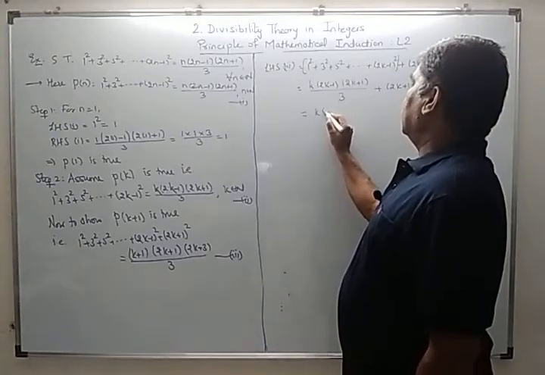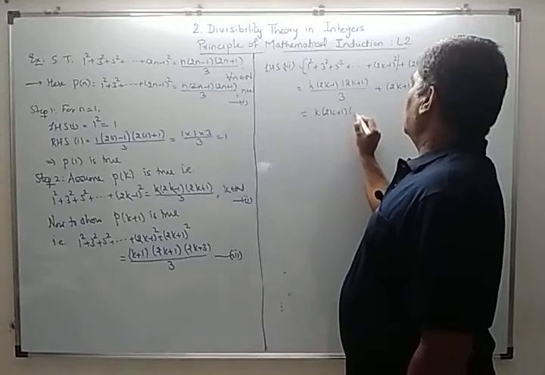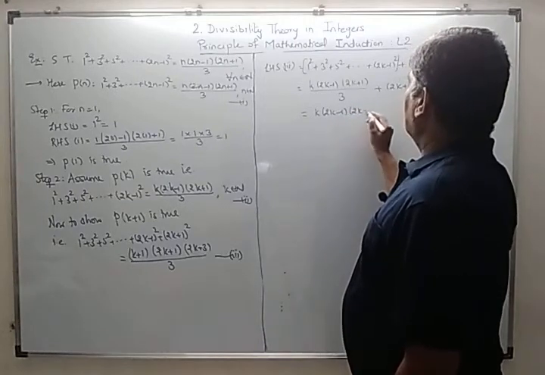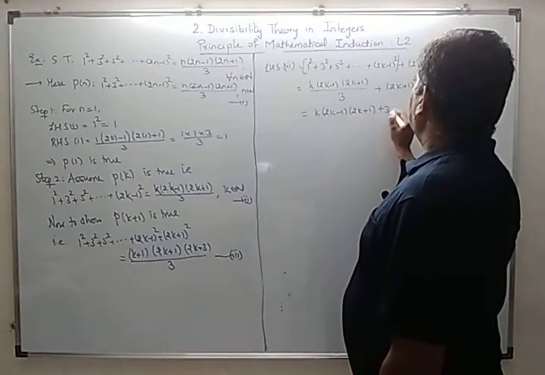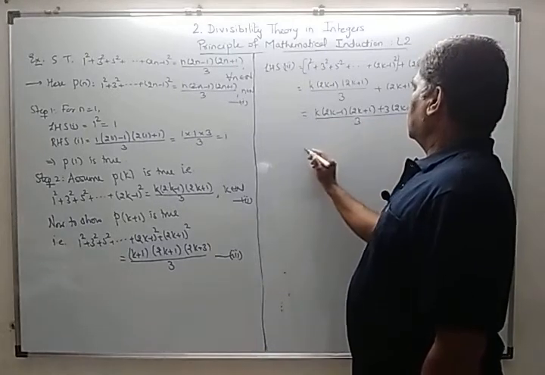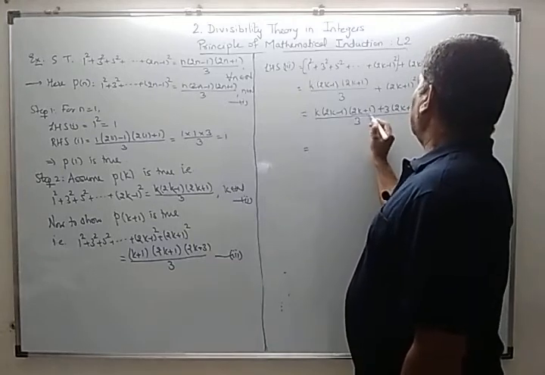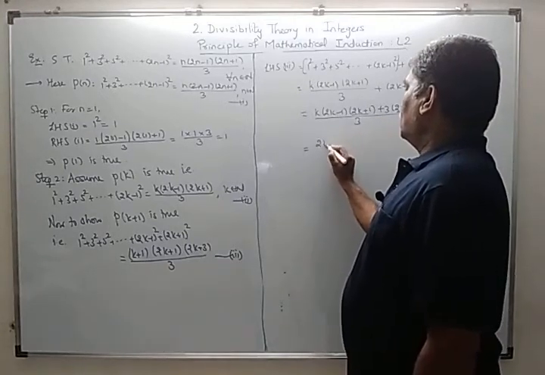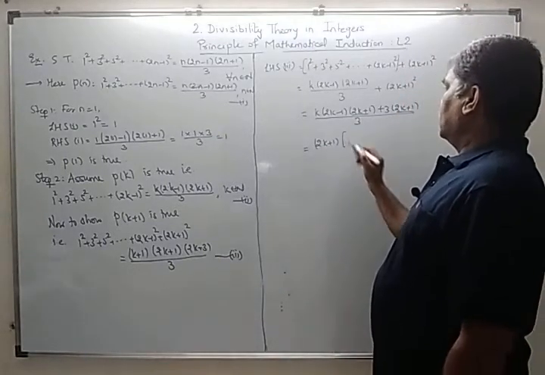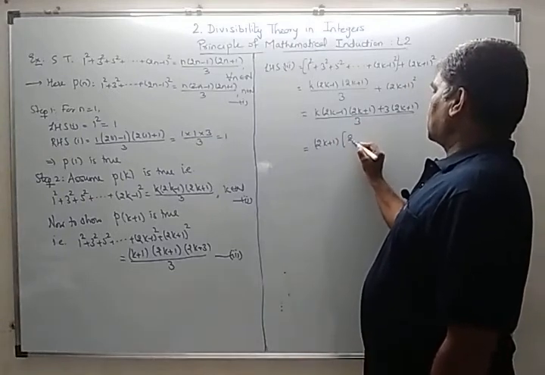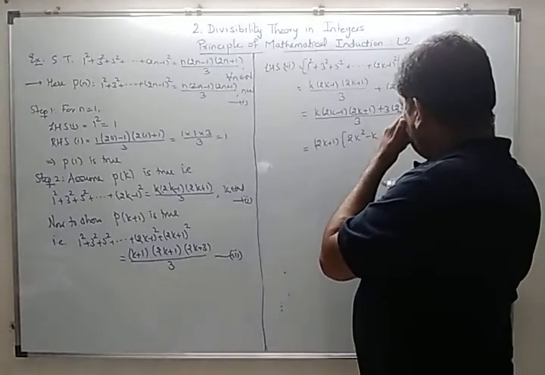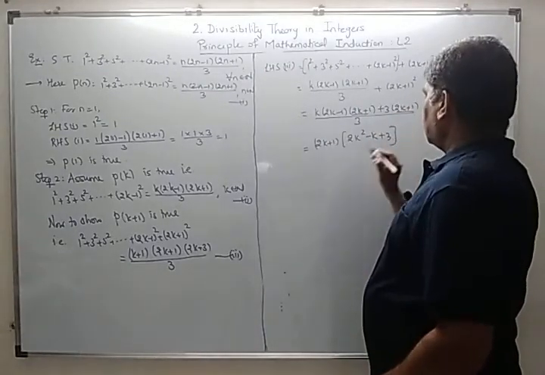Simplifying it, we'll get k(2k minus 1)(2k plus 1) plus 3 times (2k plus 1) upon 3. We'll take 2k plus 1 outside: (2k plus 1) into (k(2k minus 1), that is 2k square minus k, plus 3) upon 3.